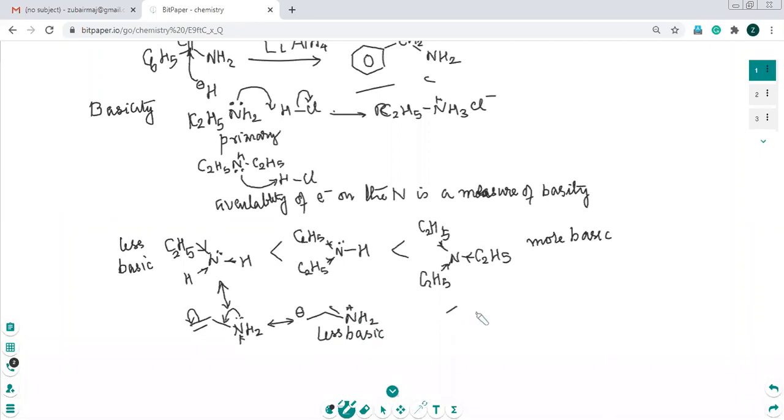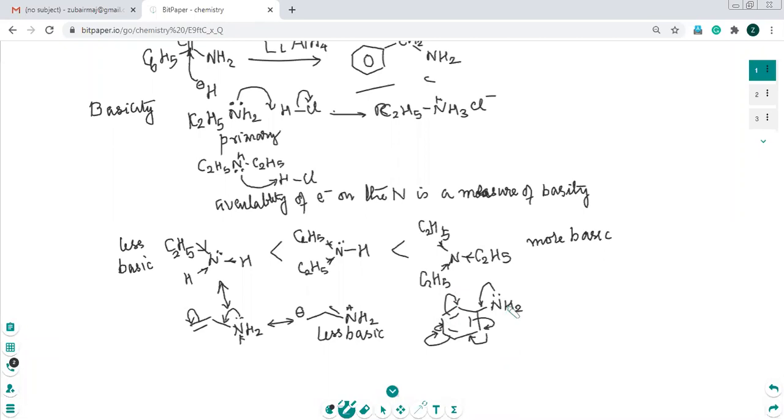Now what about this molecule? Aromatic amine. Now you know this is the resonance structure. That means the lone pair of electrons is participating in the resonance into the benzene ring. So it goes here and it goes here.